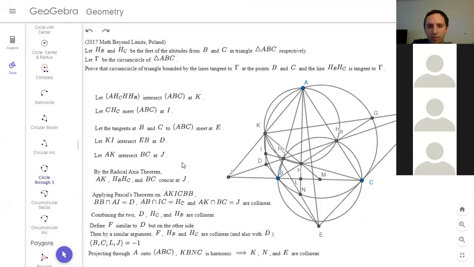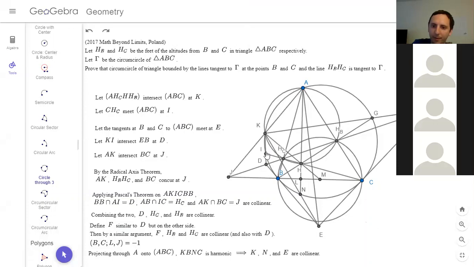Because from homothety, we know that K, I, and G are cyclic. After the homothety, we will know that K, D, E, F are cyclic. So we don't need that. Yeah. Okay. Oh yeah, because N would go to E.